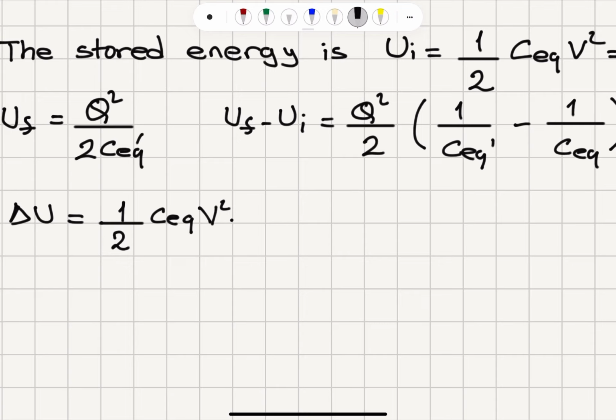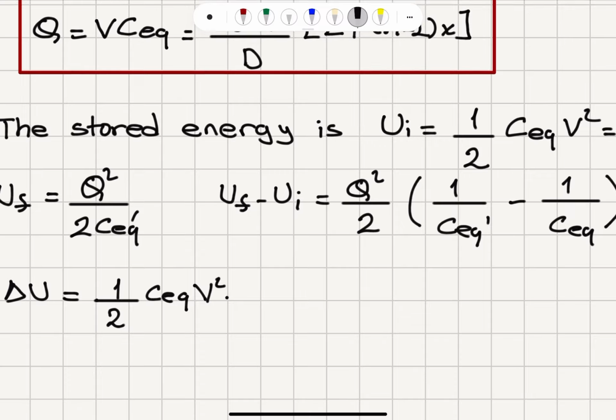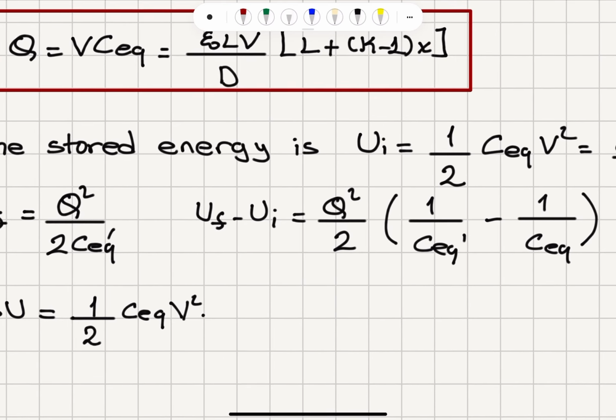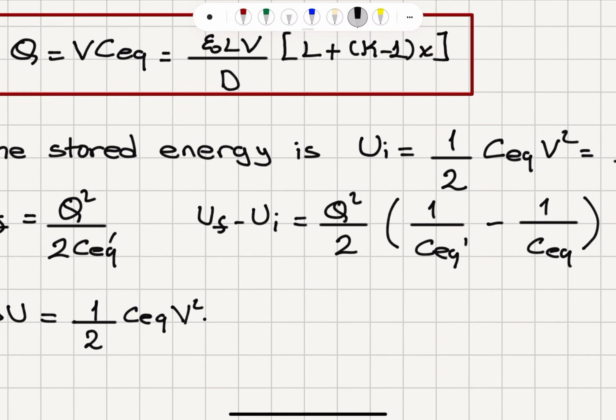So now I'm going to find C equivalent minus C equivalent prime. In the C equivalent prime, x is going to become x plus dx. So that's the difference between them.